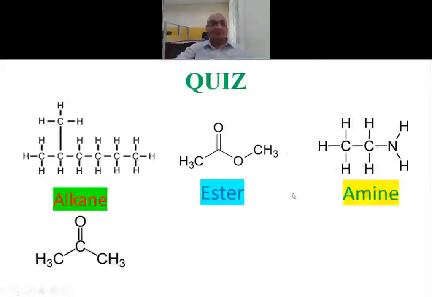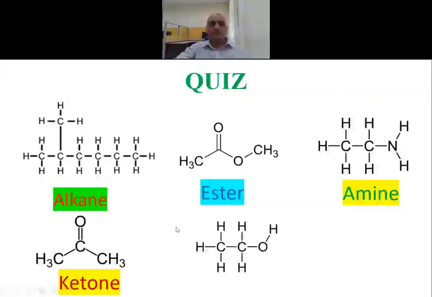So please guess the fourth example. Yes, methyl group, and this one is a ketone. Next example: this one is an alkyl group, and this is OH. Alcohol.